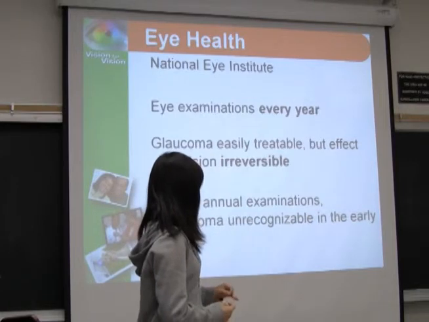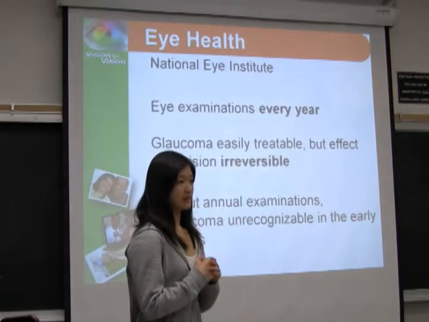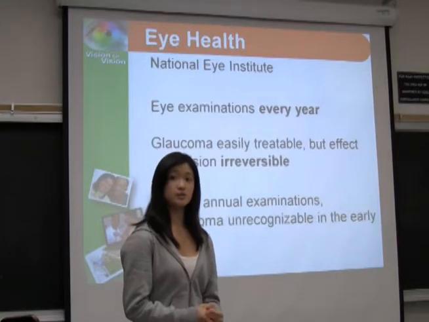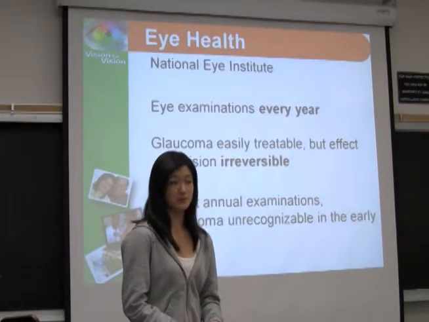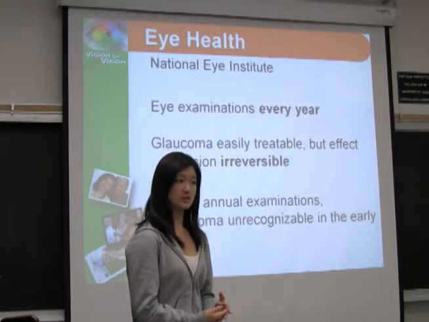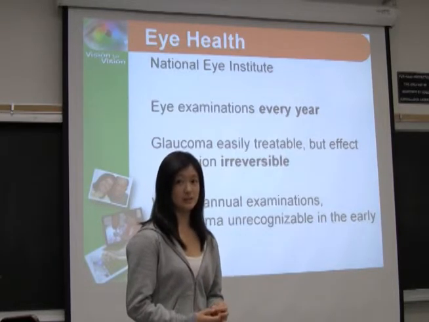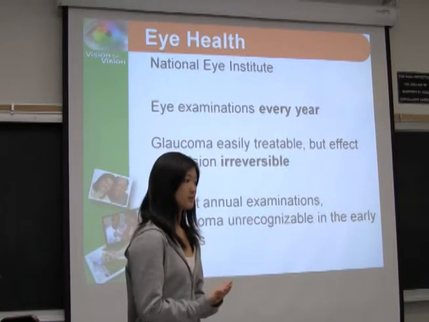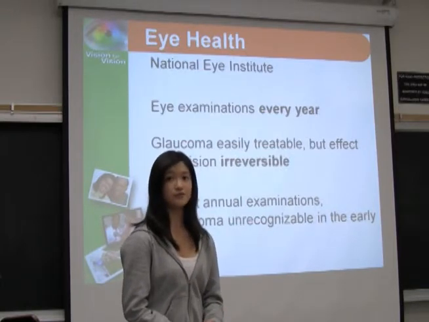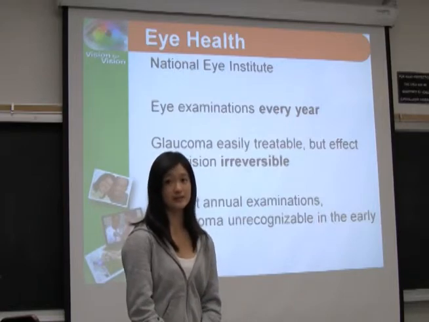Any vision that is lost due to glaucoma is actually irreversible, but because it is treatable, glaucoma shouldn't be as much of an issue as it is. The reason is that it's just not tested for enough. So it's very important to go get tested for it every year.